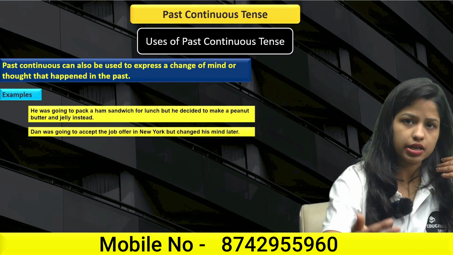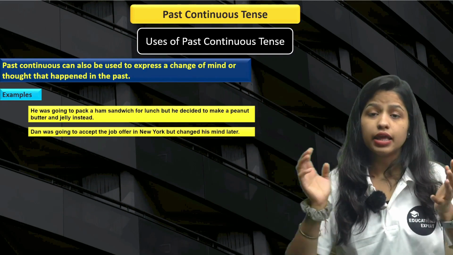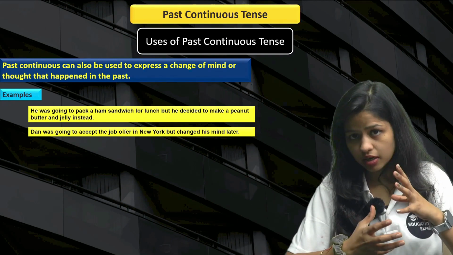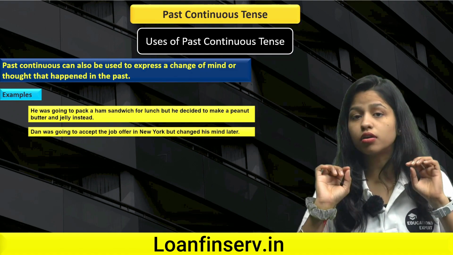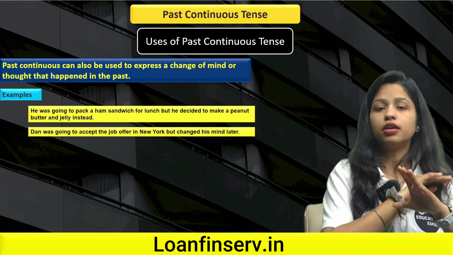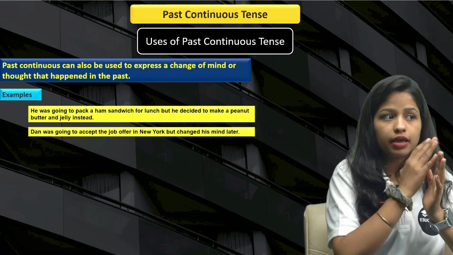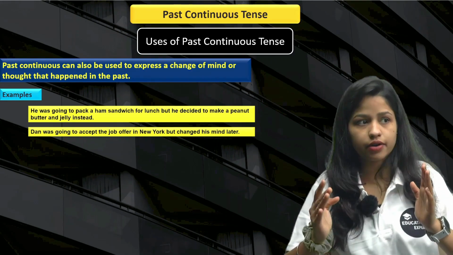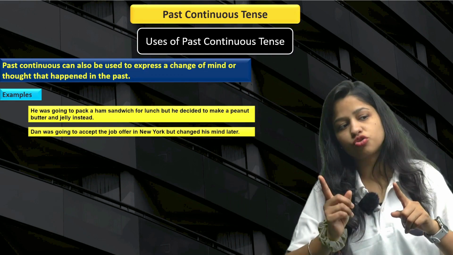This was the first line. Then he suddenly changed his mind. But we are not telling it literally in this way. We can tell it indirectly that he changed his mind. How?